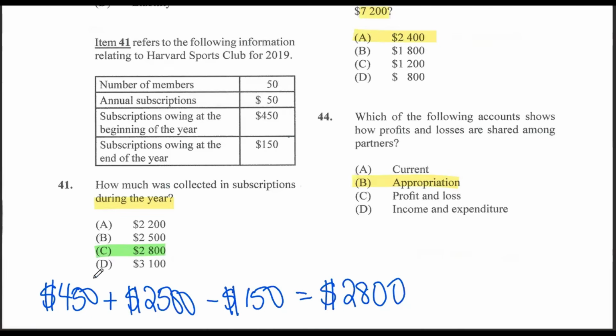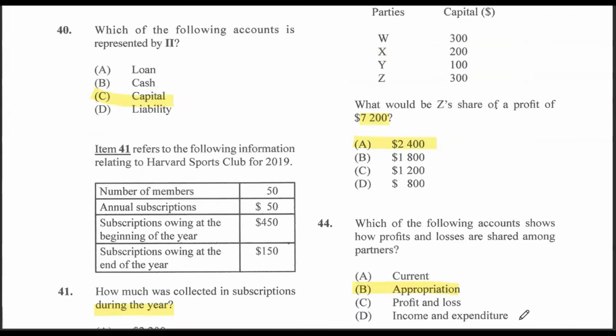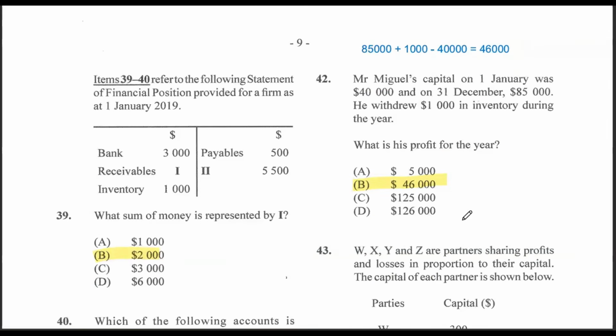So 450 owing plus 2,500 being collected, but then 150 was still owing at the end of the year. So the total amount collected should have been 2,800. C as our answer. Time for us to move on to question 42.